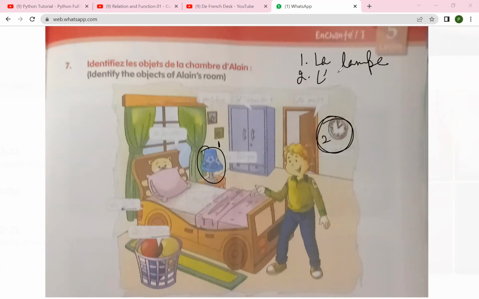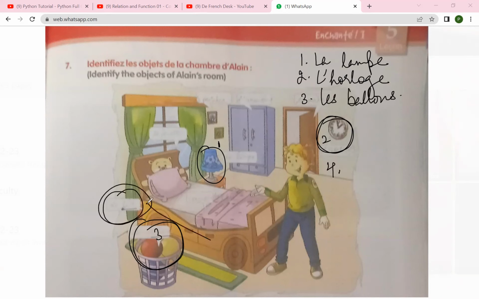So this is clock. So l'horloge. Third here is this. So third is les ballons. Fourth here is this thing. So this is the bed. So what is the bed called? It is le lit.